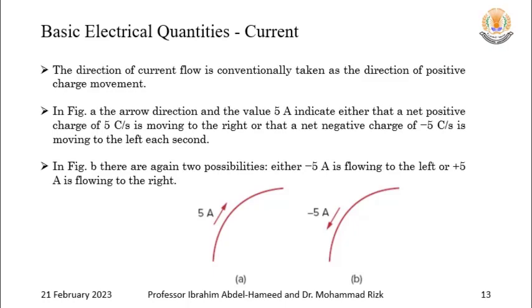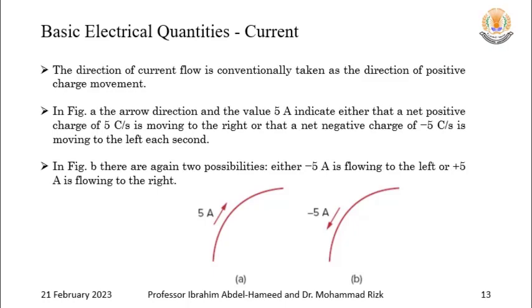So if electrons move like that, holes move the other way, and the current is in the opposite direction. So when I write 5 ampere here, where is the direction of electrons? Opposite to the arrow direction.